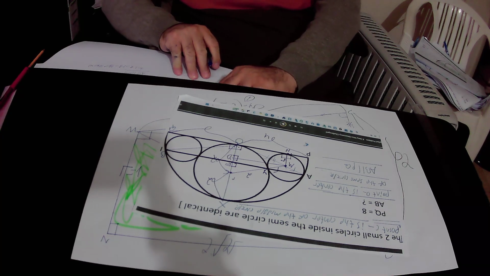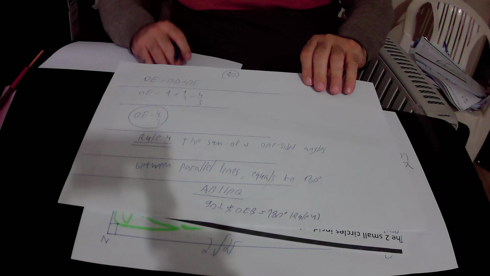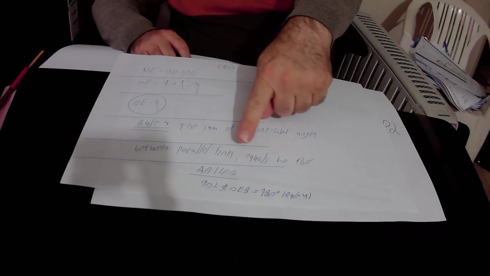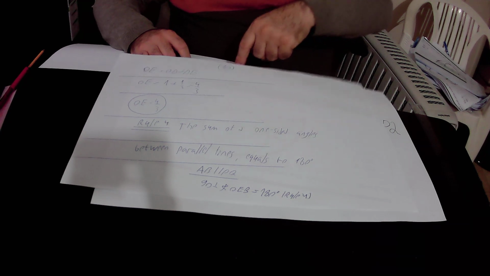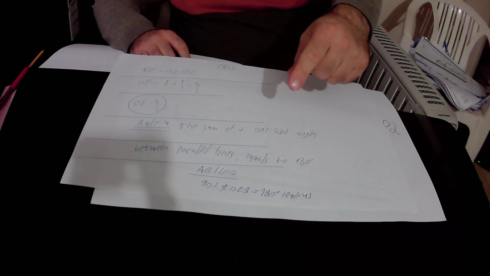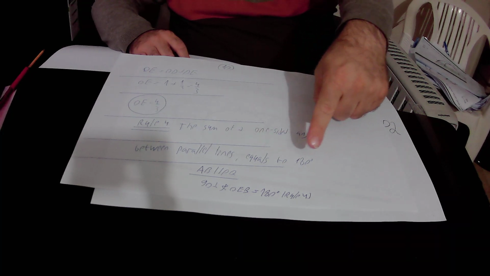I will repeat again. We know that AB is parallel to PQ, and therefore the two one-sided angles that are located between the parallel lines AB and PQ must be equal to 180 degrees.